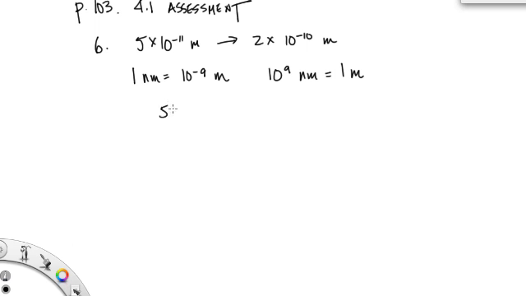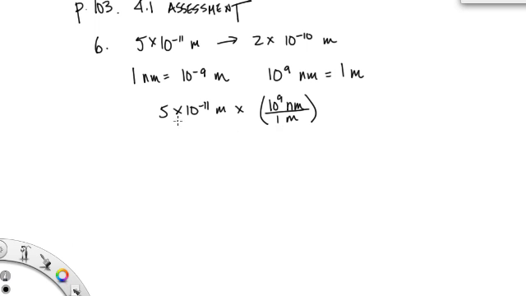So if we're starting with 5 times 10 to the minus 11th meters, we want to convert to nanometers. So nanometers goes in the numerator and meters goes in the denominator of the conversion factor. There are 10 to the 9th nanometers in 1 meter.